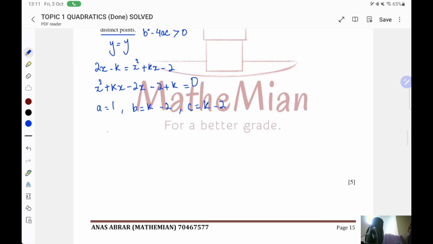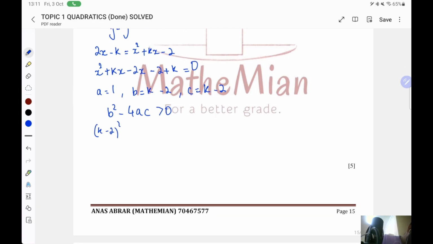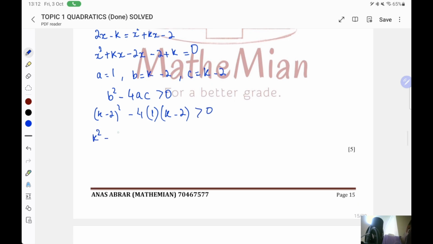Okay, so let's substitute b square minus 4ac greater than 0. It will be k minus 2 whole square, minus 4 bracket, a times c, has to be greater than 0. So if we expand, it's k square minus 4k plus 4 minus 4k plus 8 greater than 0.